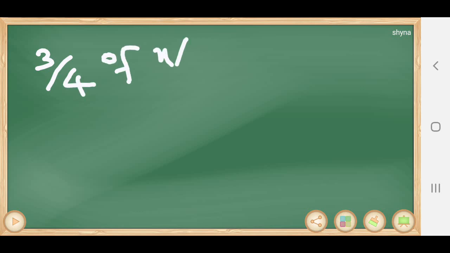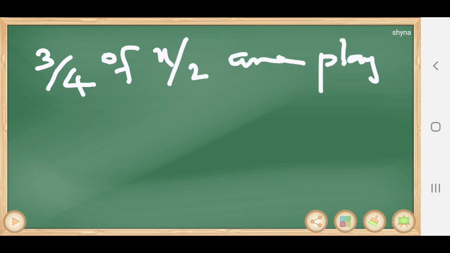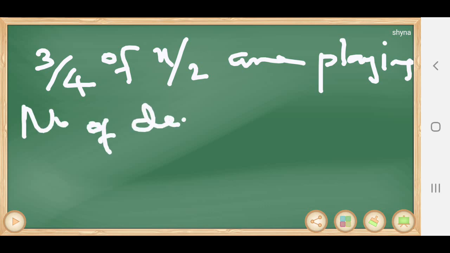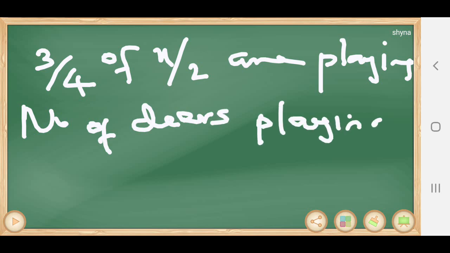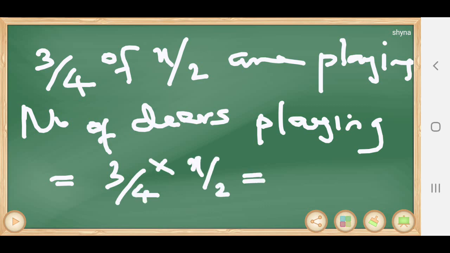Then it is given that 3/4 of the remaining are playing. 3/4 of the remaining means 3/4 of this x by 2 are playing. Then we can write the number of deer playing equal to 3 by 4 of x by 2, that is 3 by 4 into x by 2. What is that? 3x by 8.